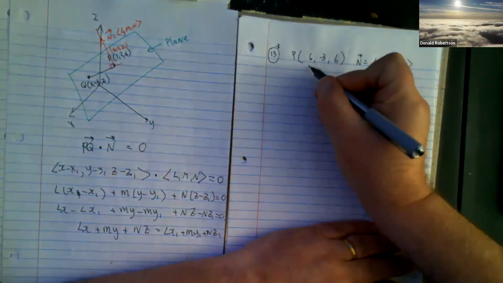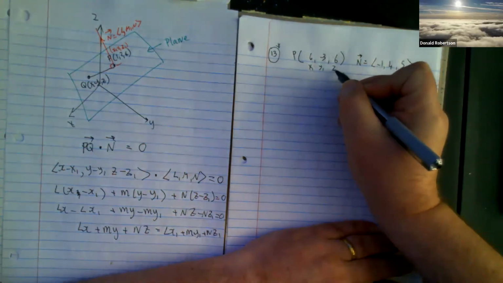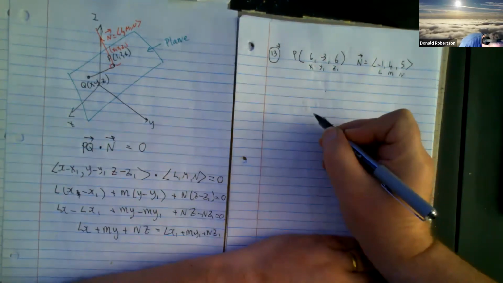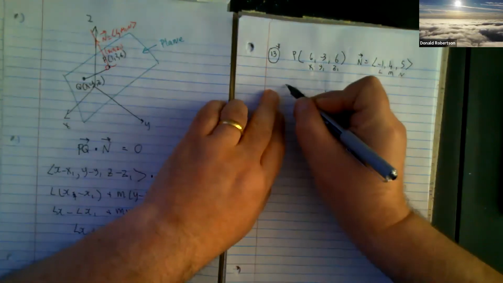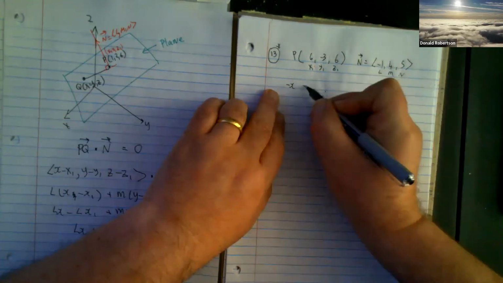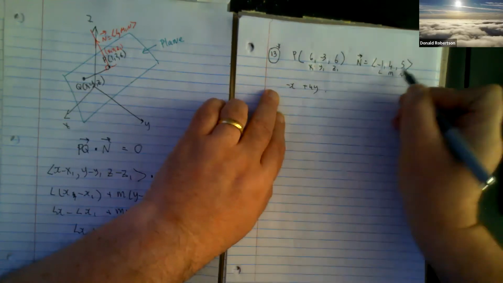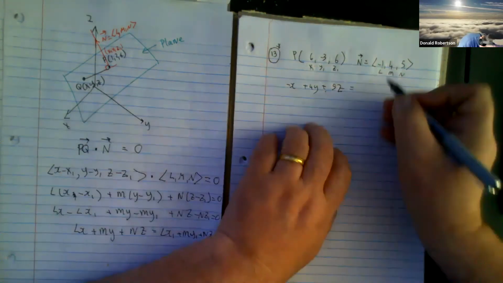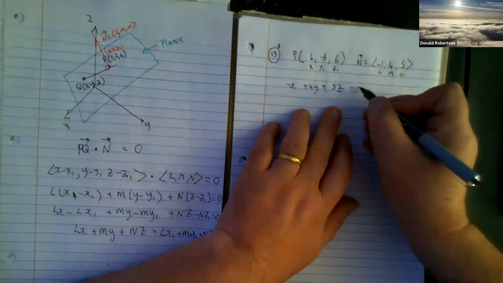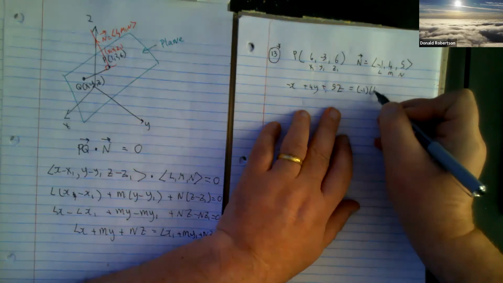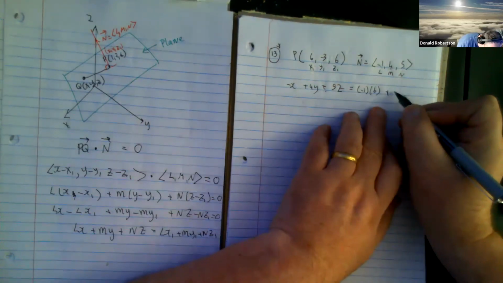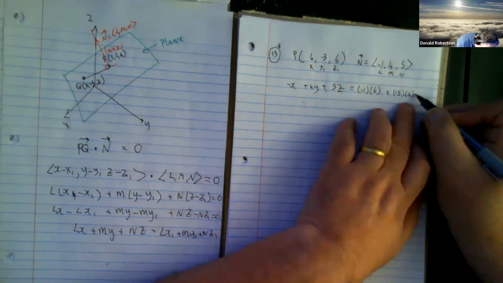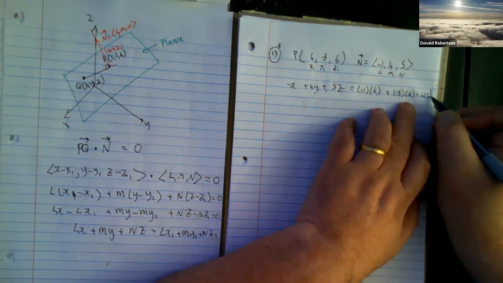So I'm going to call this one x1, y1, z1, and L, M, and N. So what do we get? We get -1x plus 4y plus 5z, and it's going to equal essentially the dot product. So -1 times 6 plus -3 times 4 plus 6 times 5.